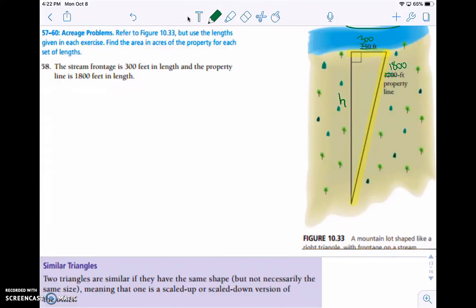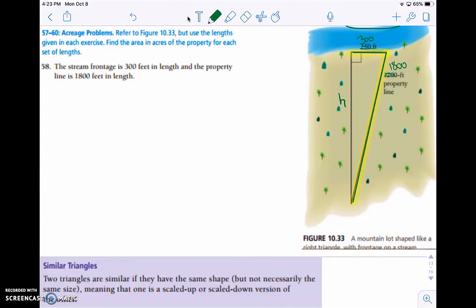And maybe that height might not be as easy of a hike to get up to, and so we might use this right triangle here to come across this way and then come diagonally down to this end point of the property, and we're going to use the Pythagorean theorem to find the height.